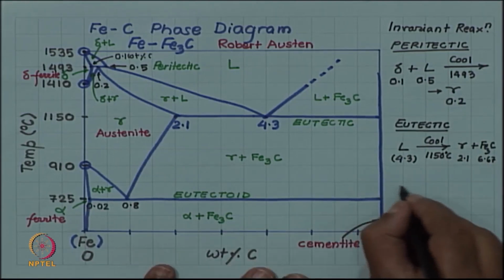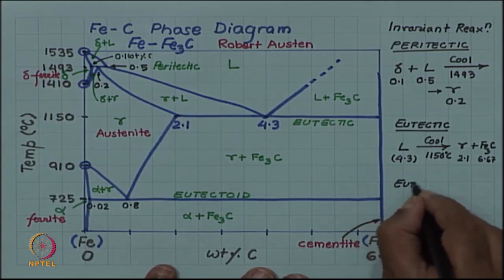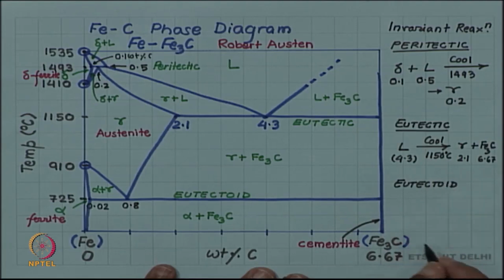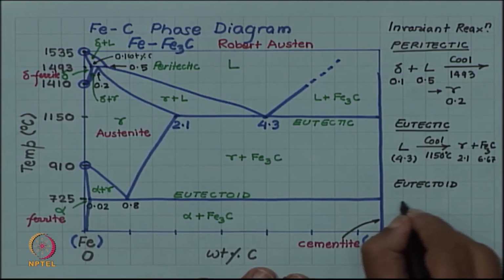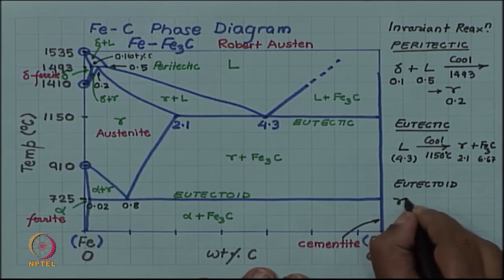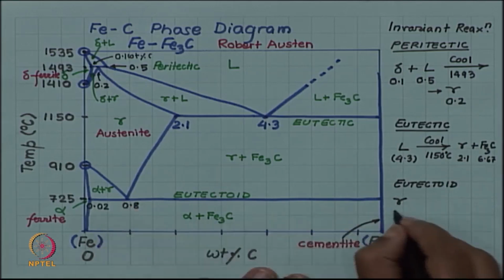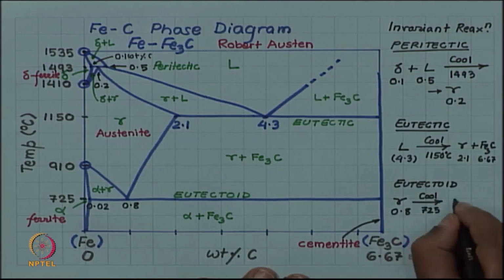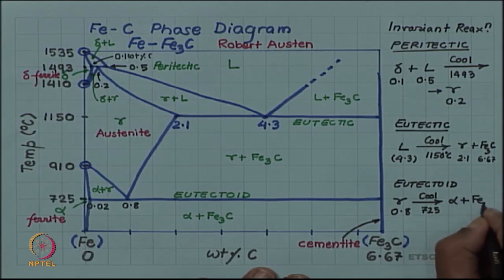And finally, the last one here is the eutectoid. In this, a single phase gamma of composition 0.8 decomposes on cooling at a temperature of 725 into alpha plus Fe3C.